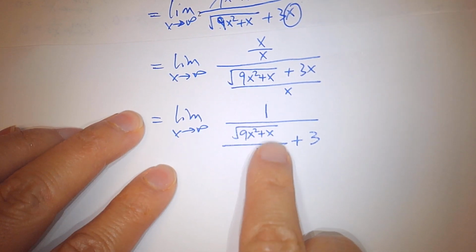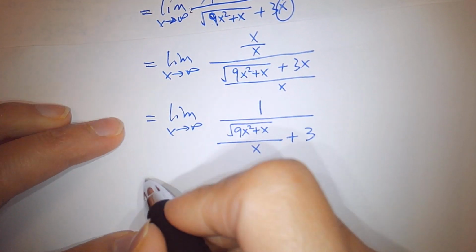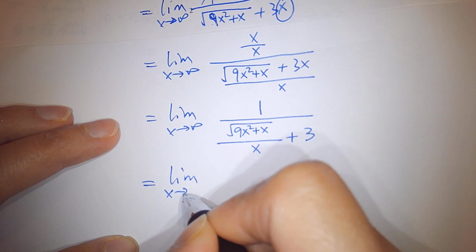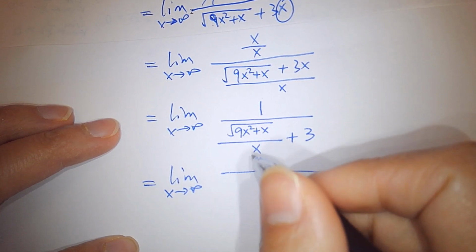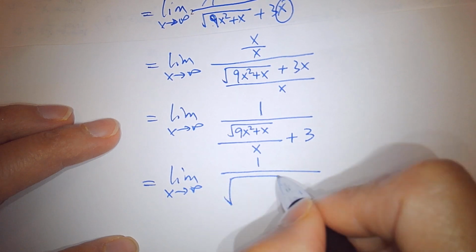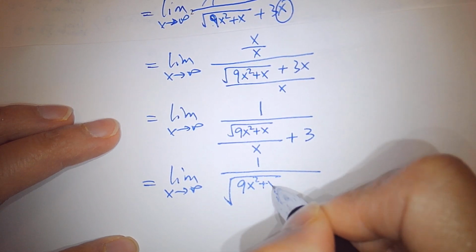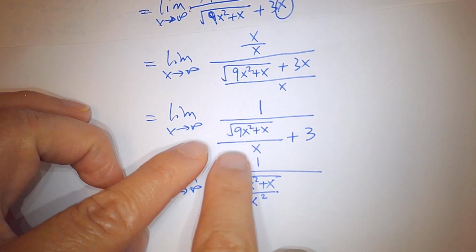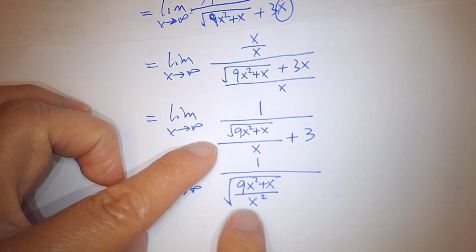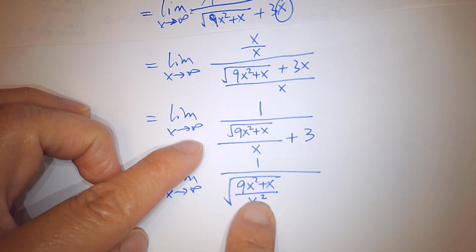And can we continue to simplify this? Okay, I will rewrite it as square root of 9x squared plus x divided by what? x squared. Why? Because x equals square root of x squared, right?